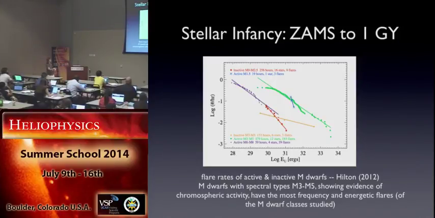And you can see that the most active stars have more frequent flares and more energetic flares. And the very inactive stars have fewer flares and not quite as energetic as the active M stars.